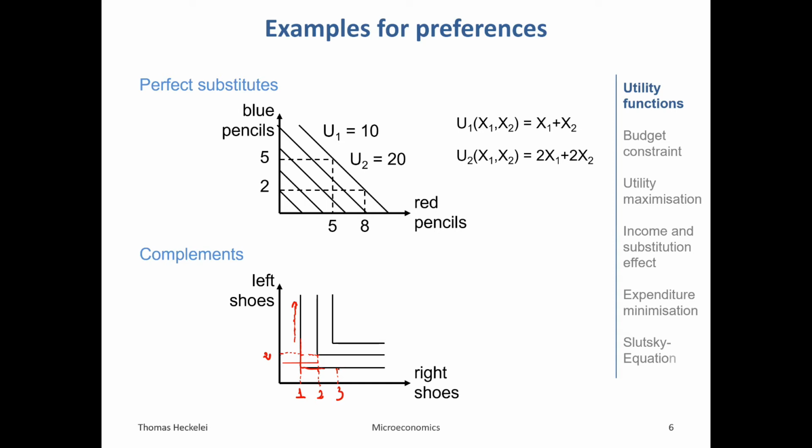You will also end up on this same utility level of two pairs of shoes. And similarly if you go for 4, 5, 6 right shoes, but you only have two left shoes, then that means two pairs of shoes, no more. So that's why the functional form has the min of X1 and X2, whichever is smaller.